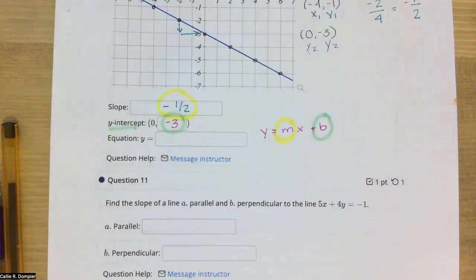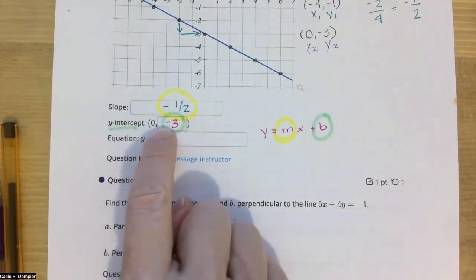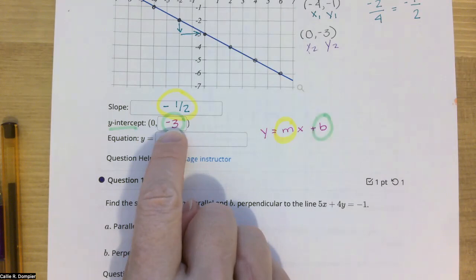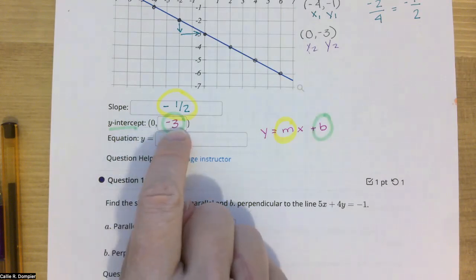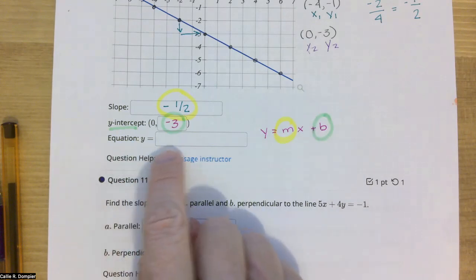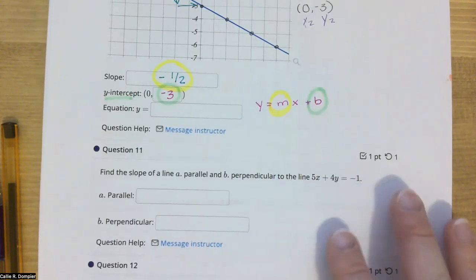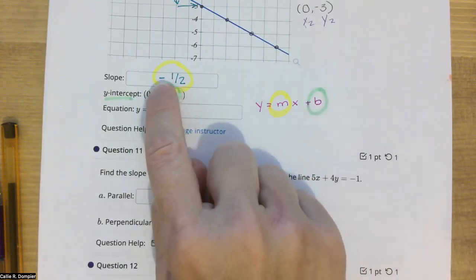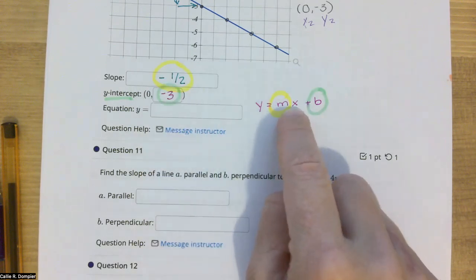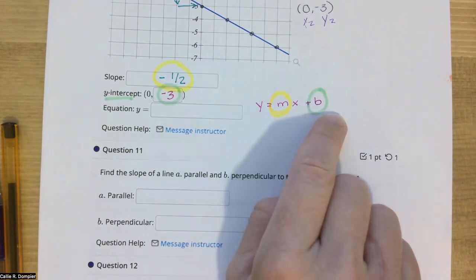Oh, sorry, you couldn't see any of that. Slope is -1/2. Y-intercept is -3. They already gave you the 0 for the x. You just put in the -3. Now we think of the equation in y equals mx plus b form, which is also called slope-intercept form. They want us to put in the slope, including the negative, the letter x, plus, and then the y-intercept, including the negative for the b.